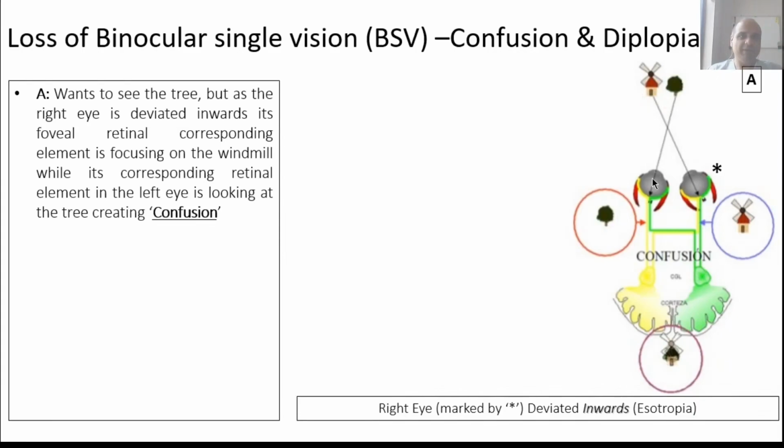While the left eye, which is appropriately looking at the tree, projects the image of a tree. And now your visual cortex is confused because both of these are coming from the fovea. And fovea has the best visual acuity. And both of these images are equally clear. So what should I project, the tree or the windmill? So sometimes this person will see the tree, sometimes this person will see the windmill, and this is confusion.